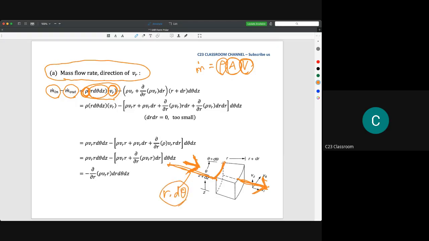So we have R d theta, because the angle here is d theta. R d theta means the distance of this line, and dz is the height, the thickness of this cube. The multiplication of R d theta and dz gives us the cross-sectional area A. I hope you can understand here why we take R d theta dz.